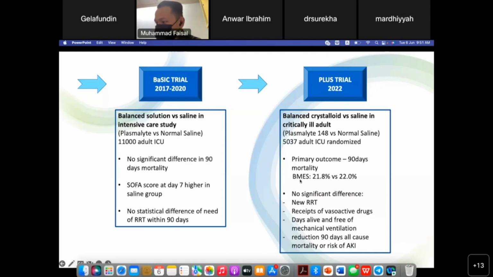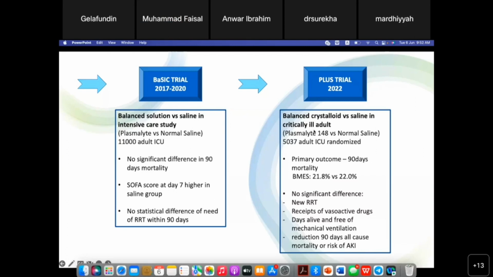And also there is no significant difference in new RRT, the use of vasoactive drugs, days alive and free of mechanical ventilation, and 90 days all-cause mortality risk of AKI. Okay, so this is the latest one lah. Basically tak ada significant difference sangat lah between these two.